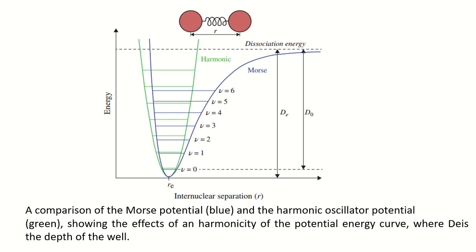The Morse potential is largely a modification of the harmonic oscillator model that adds an empirical correction for the curvature at the bottom of the potential energy well, where D_e is the well depth defined in this diagram, and beta is simply a measure of the curvature.